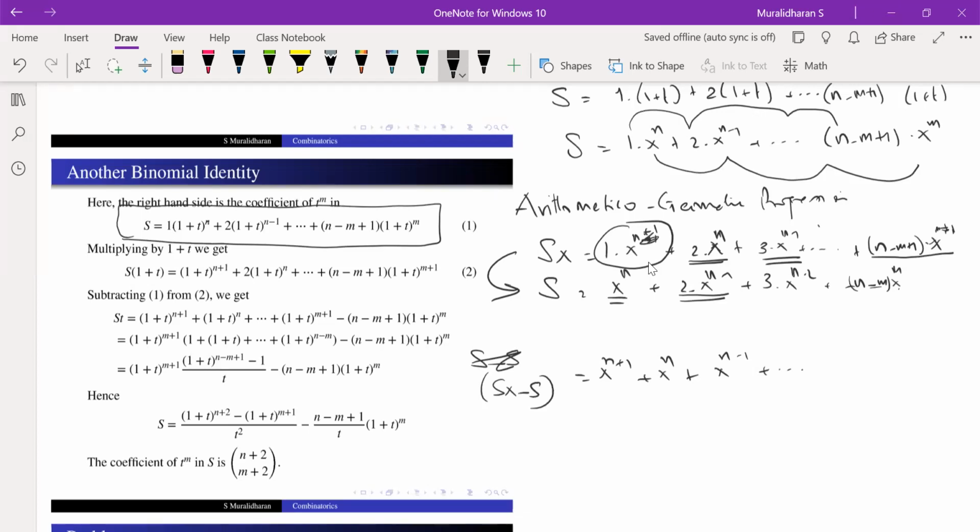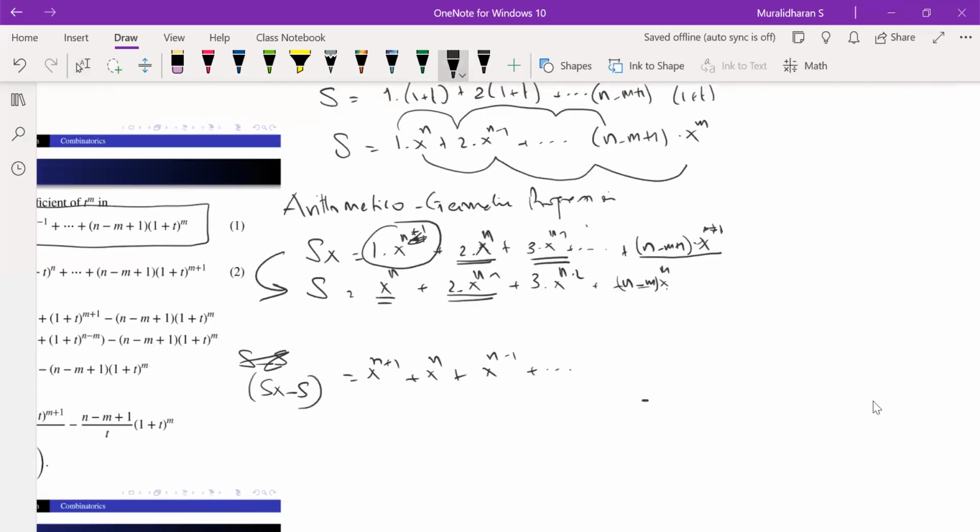That's what I will get. And x power n minus 2 is 4x power n minus 2. I'm saying the x power m plus 1 term will be... no, one second. Let me be careful here. Yeah. So what do I get here?